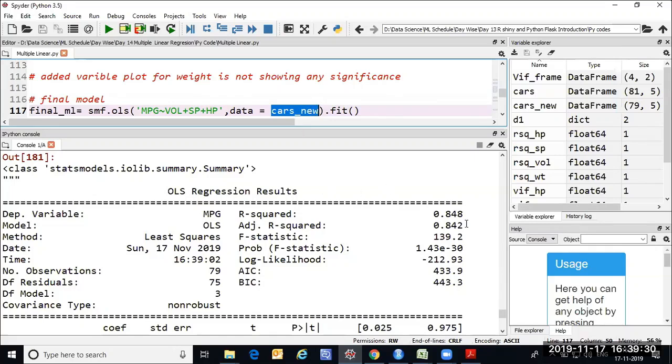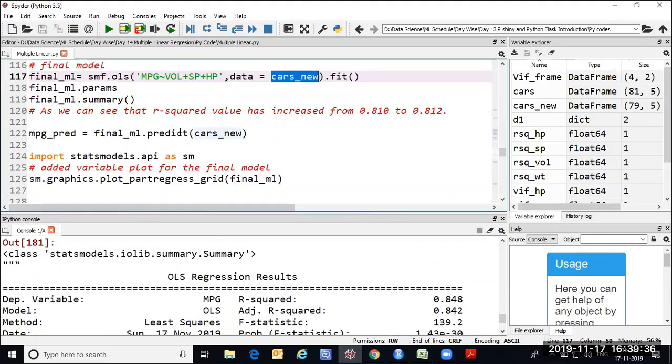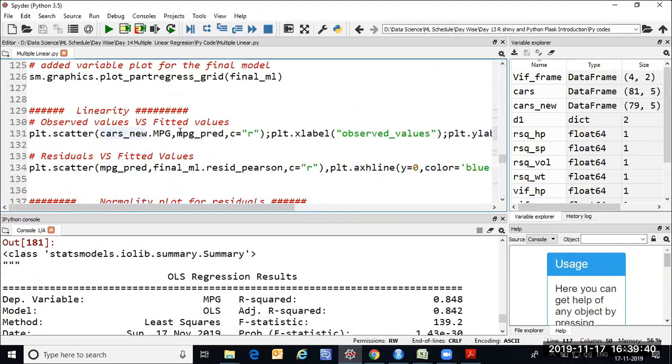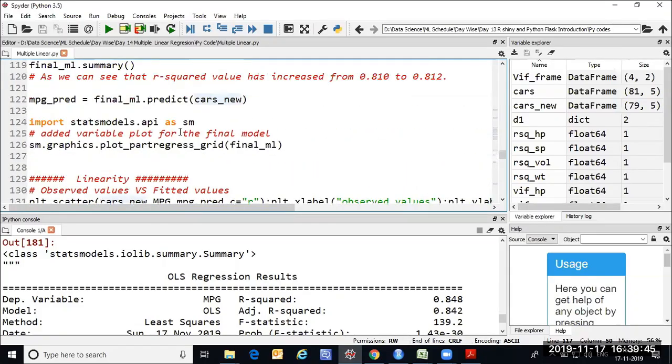That's why we're getting 85. So now this is the final model. Let's consider this as the final model that we would like to take further.